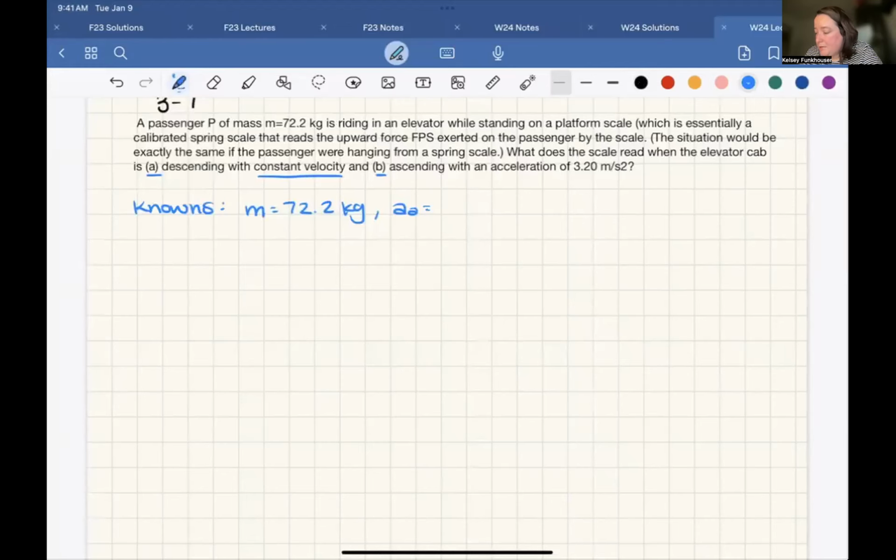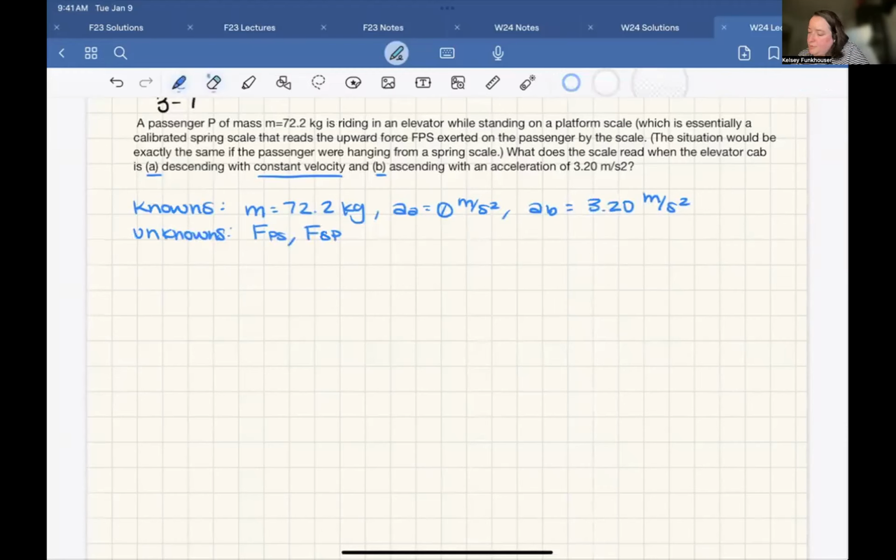Remember, that's what constant velocity means. 0 meters per second squared. And then for B, they give us the acceleration of 3.20 meters per second squared. Okay, and then our unknowns. We don't know these forces between the passenger, that's what the P stands for, and the scale. So let's draw our situation.